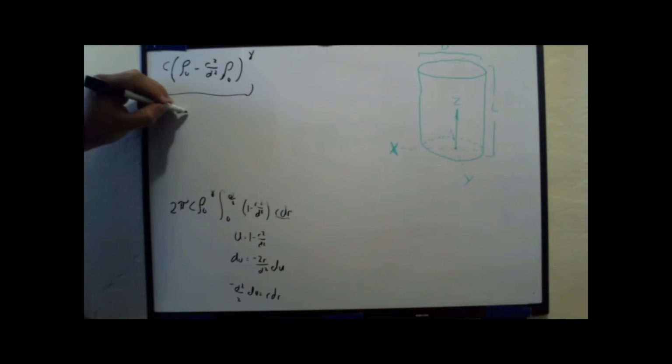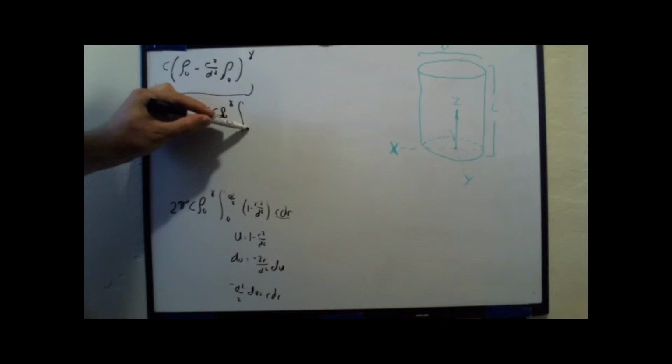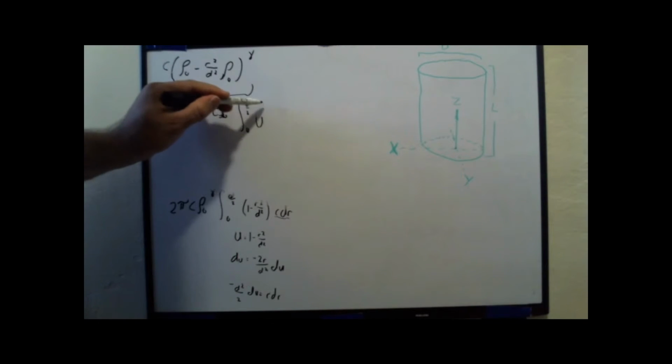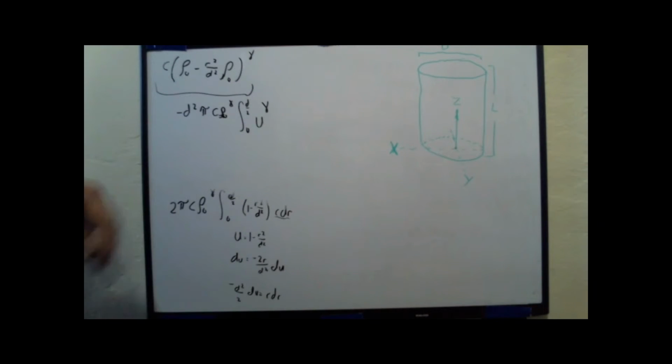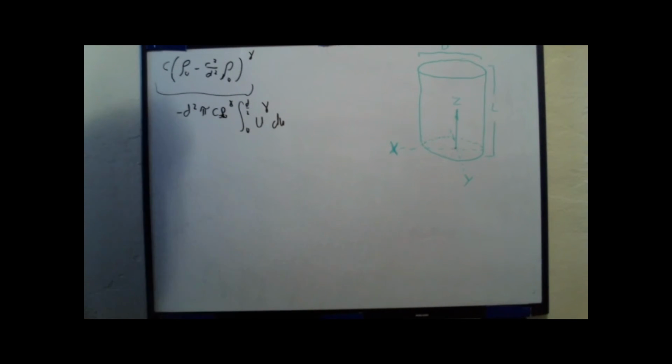negative d squared pi c rho naught to the gamma times the integral from 0 to d over 2 of u to the gamma du. So what have I got?